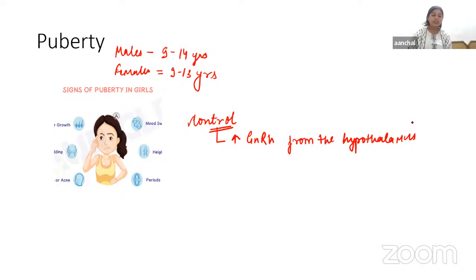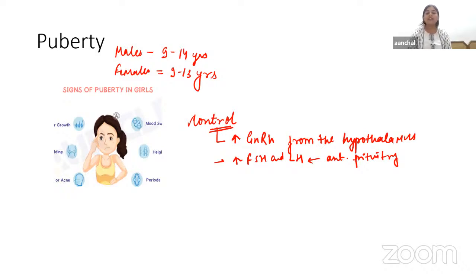Okay, now this leads to an increase in both FSH and LH secretion, and this secretion comes from the anterior pituitary gland. Right, now the release of gonadotropin releasing hormone is also inhibited by the pineal gland hormone known as melatonin.